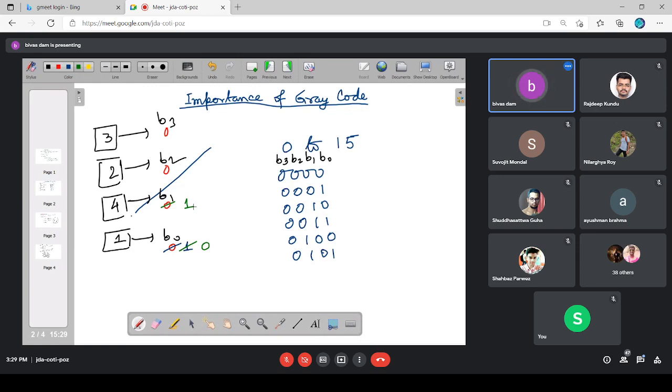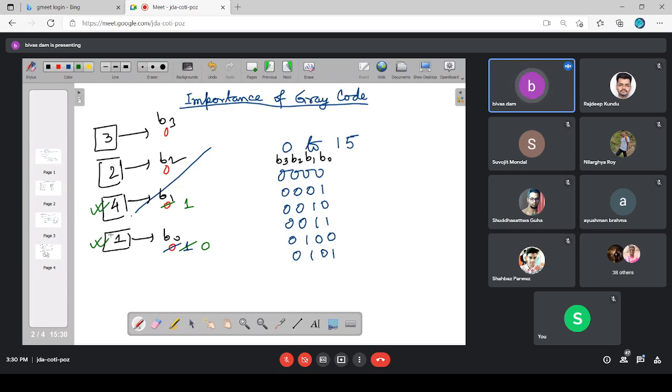They will remain the same. Now, how many outputs are changing state? Two. What are they? B0 and B1. So these two circuits are changing their states.